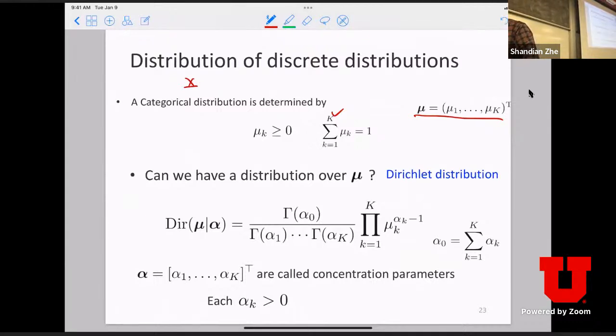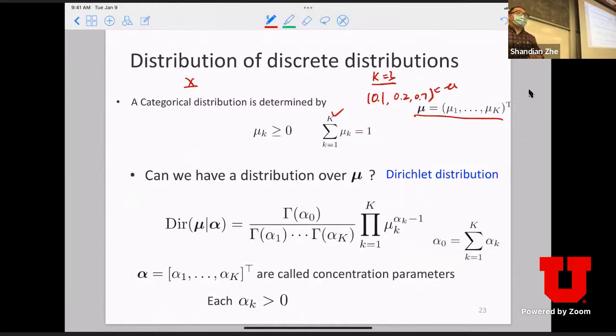For example, if you have 3 categories in total, I can construct a distribution for your categorical variable. It might be 0.1, 0.2, and 0.7.